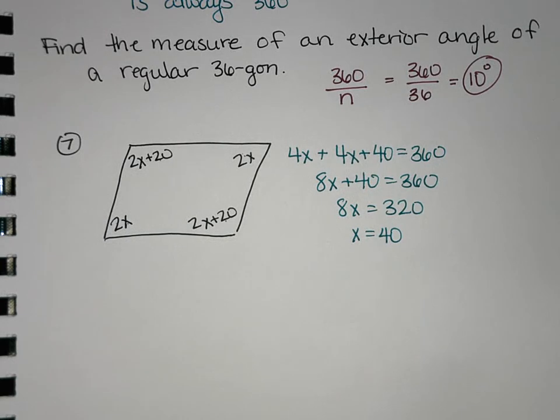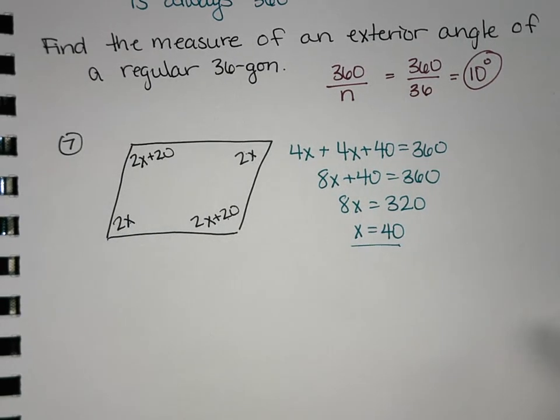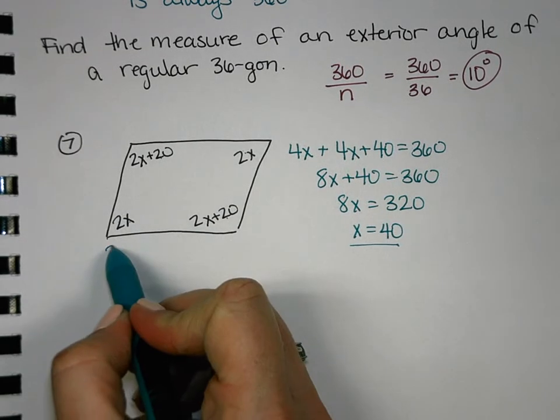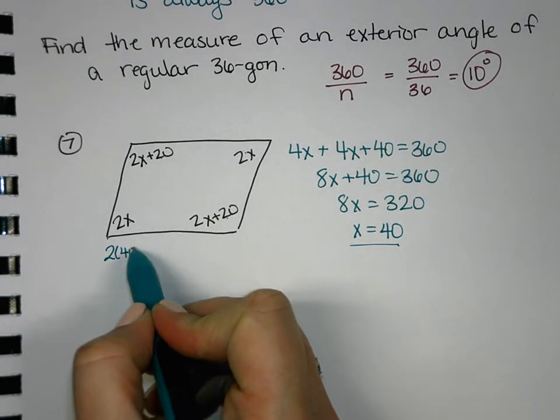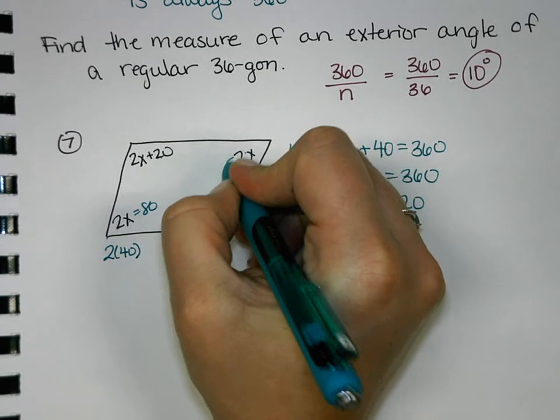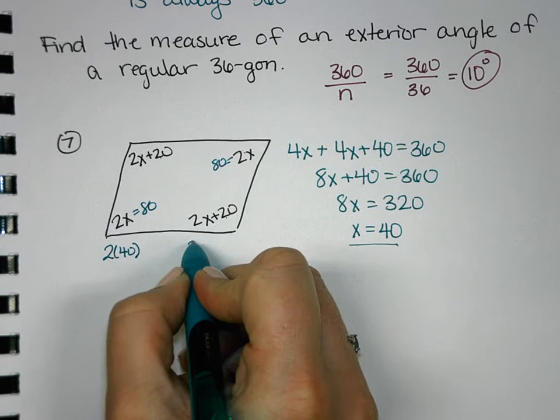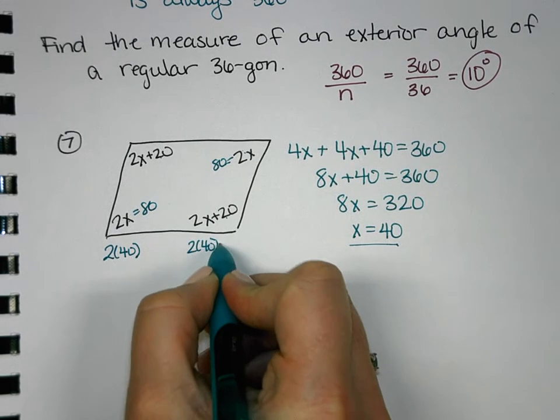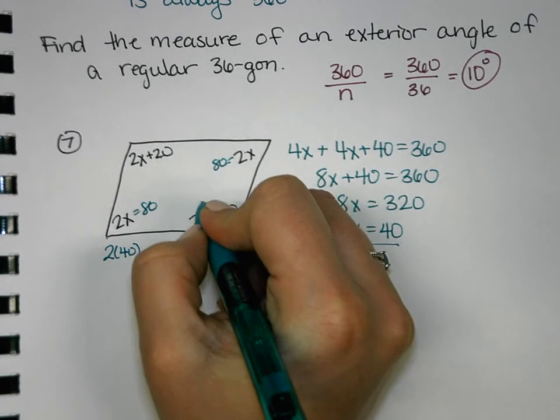Okay, but this wasn't asking for x. What was it asking for? Find the missing angle. We have to go plug it back in and find the missing angle. So 2 times 40, that means these are 80. 2 times 40 plus 20, that means these are 100.